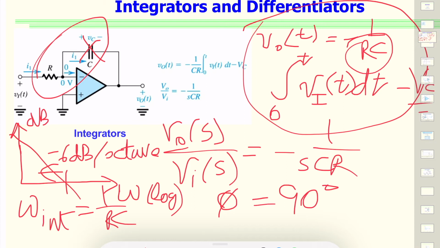So that DC gain, this RF, would then result in a gain for just DC. But this RF is something we have to be careful about when we choose it, because the lower the RF, the higher the corner frequency, which would be now 1 over CRF, and it would be more non-ideal in that case.